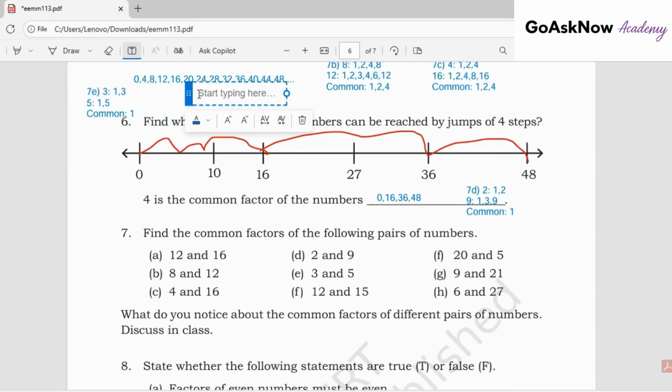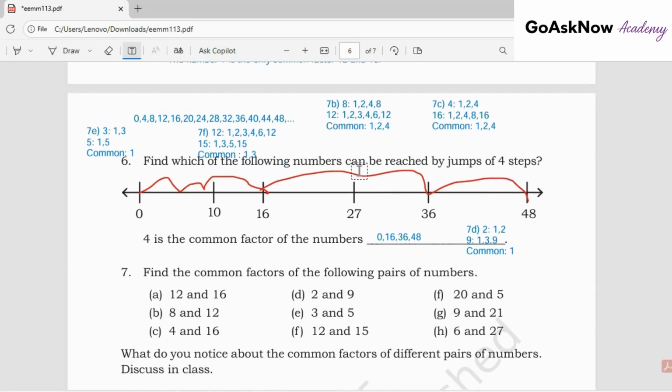Next, 7F, which is 12 and 15. Factors of 12 are 1, 2, 3, 4, 6, 12 and 15 are 1, 3, 5, 15. The common factors are 1, 3.